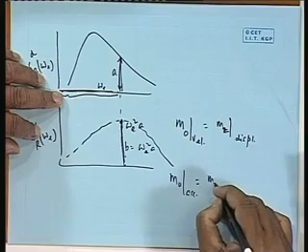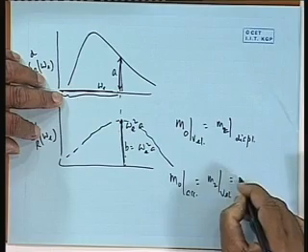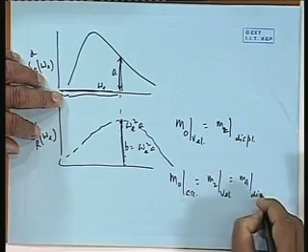And that is nothing but m2 for displacement. So m2 for displacement is m0 for velocity, and you will find similarly m0 for acceleration will be m2 for velocity will be m4 for displacement.